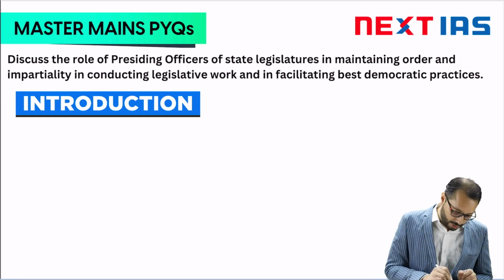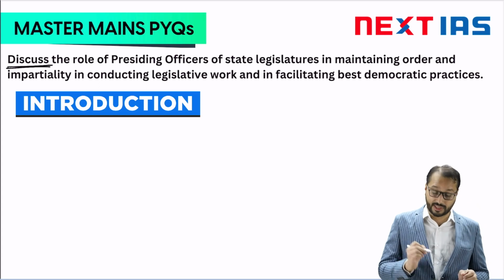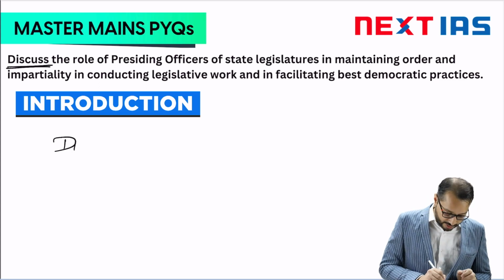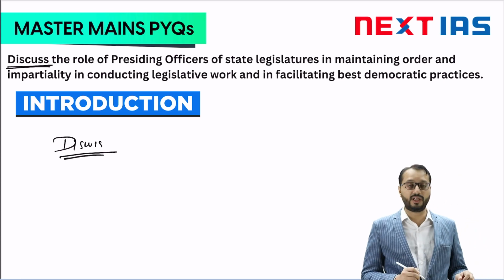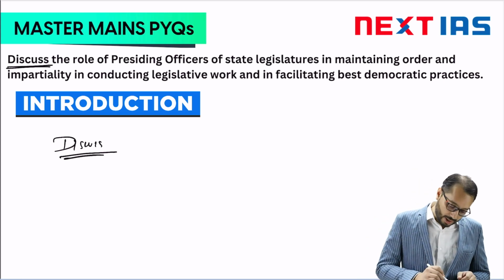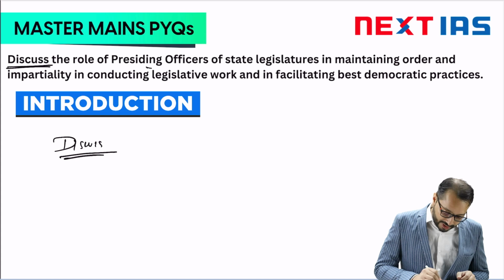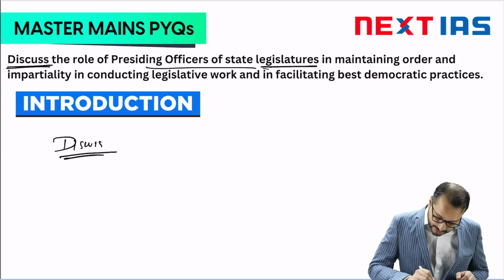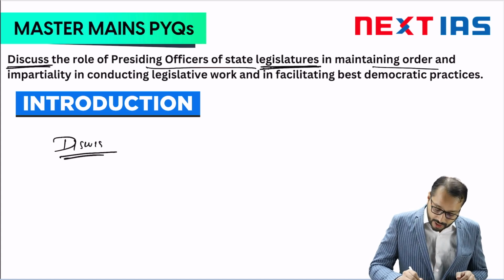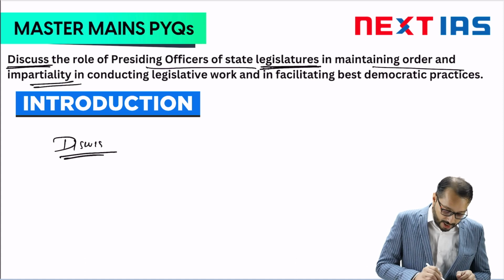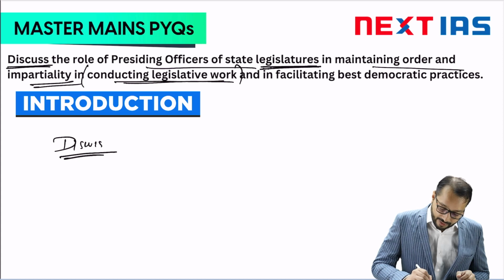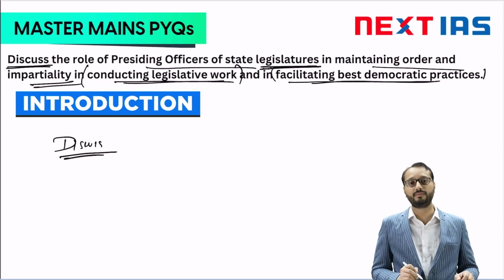The first thing that you need to note is the directive. It is discuss, right? So we have discuss listed as the directive. It is talking about discussing the role of presiding officers of state legislature specifically in maintaining order and impartiality, and two aspects are mentioned: conducting the legislative work and facilitating the best democratic practices, right?